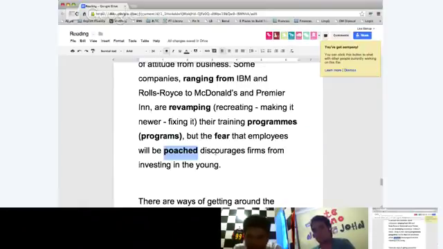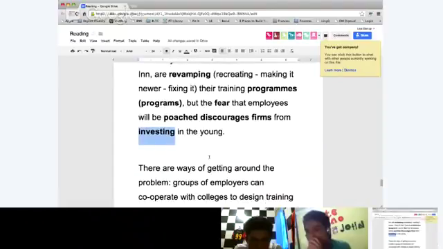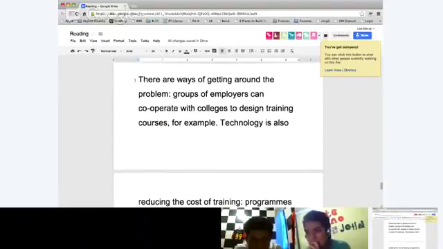So if you leave the company that trained you, then they lose all the money that they invested in you. So that discourages companies or firms. Discourages means makes them not want to do it. They don't want to invest, to put money in training young people, because maybe it's not going to be good for them if you leave after they trained you.